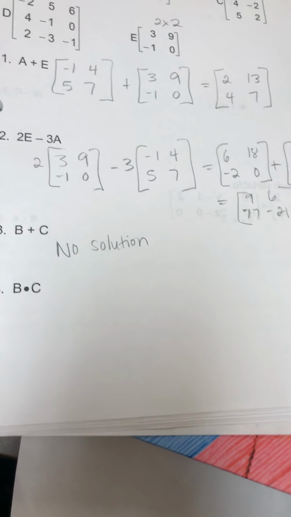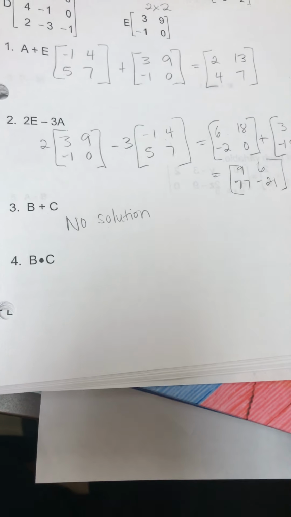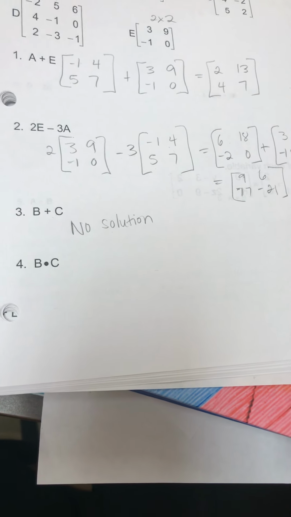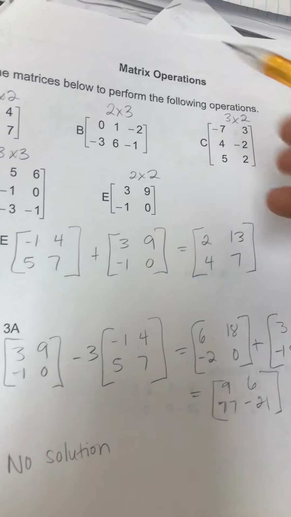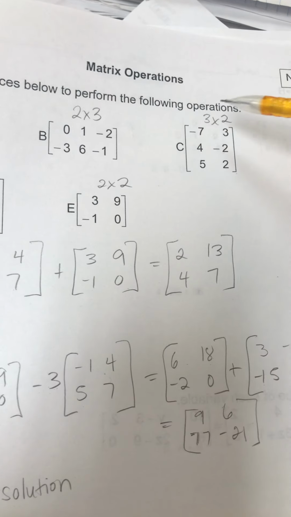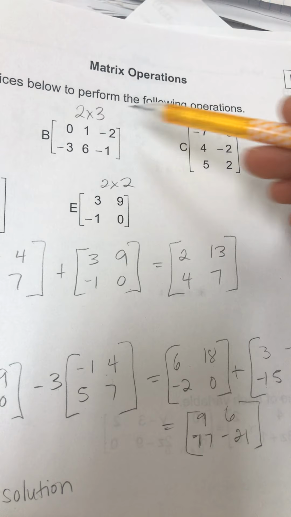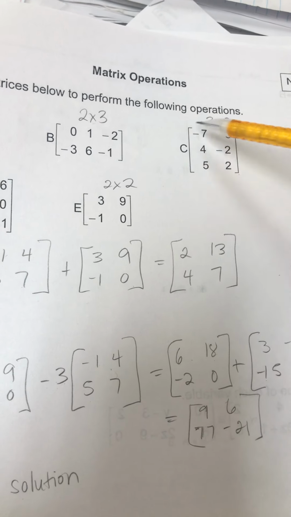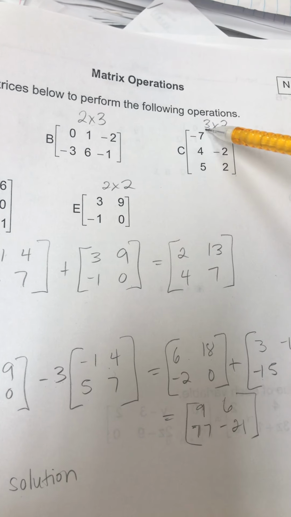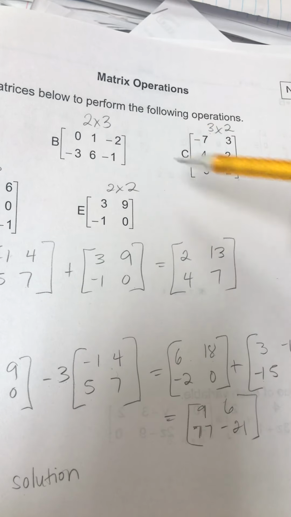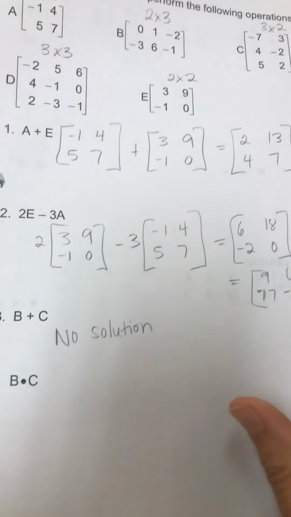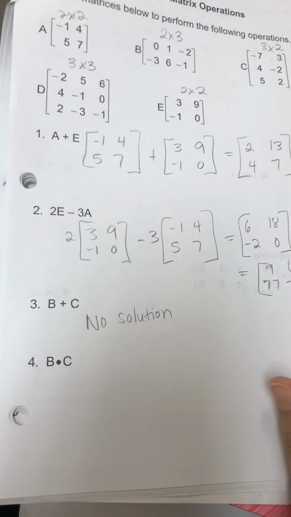All right, now we'll do B times C. See if we can do that. B is 2 by 3. C is 3 by 2. When we're multiplying, the middle numbers in our dimensions are the same, 3 and 3. So we can do this. Let's rewrite it.